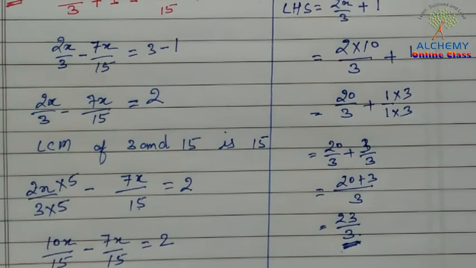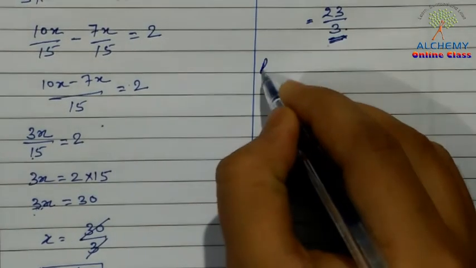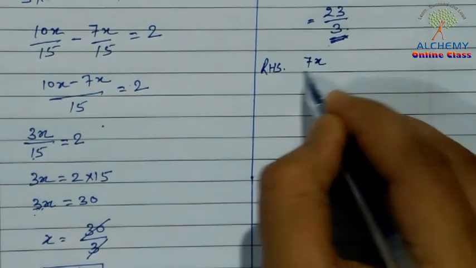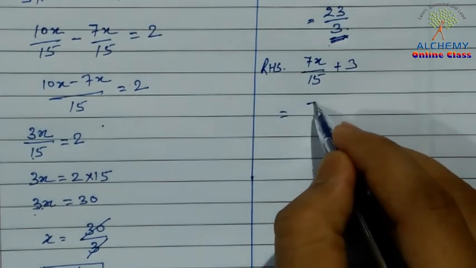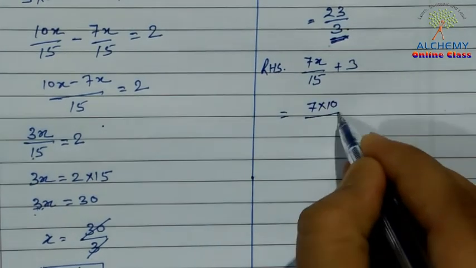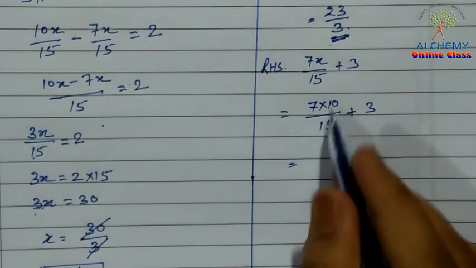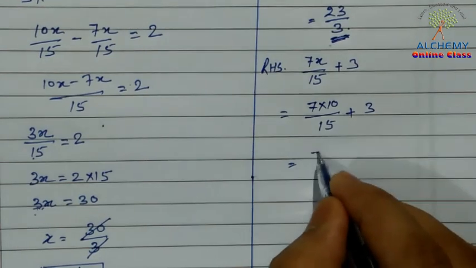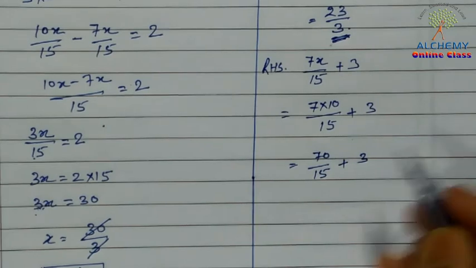Let's see how we can find the right hand side. Okay, right hand side, that is 7x upon 15 plus 3. The value of x is 10. So 7 is multiplied by 10 upon 15 plus 3. When we multiply these, we get here 70 upon 15 plus 3.